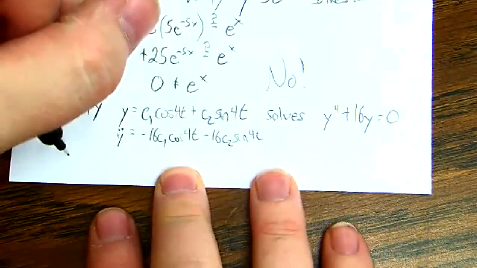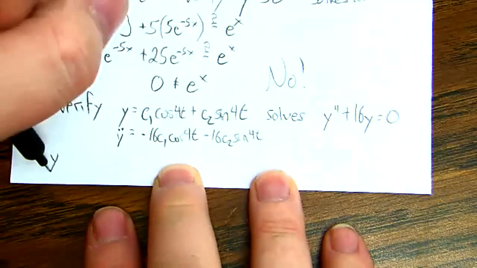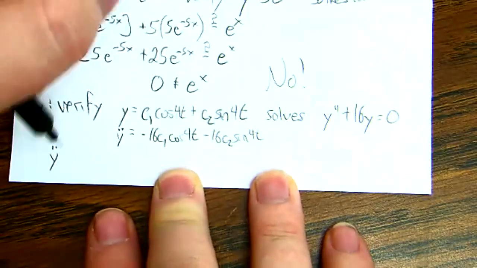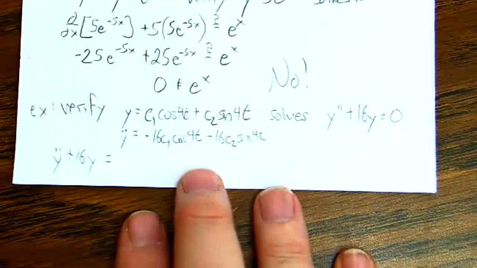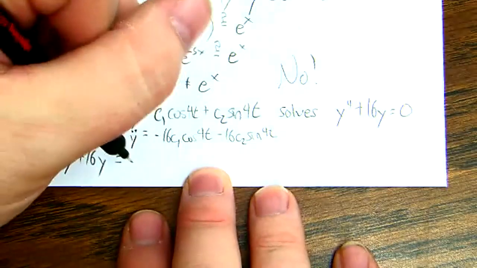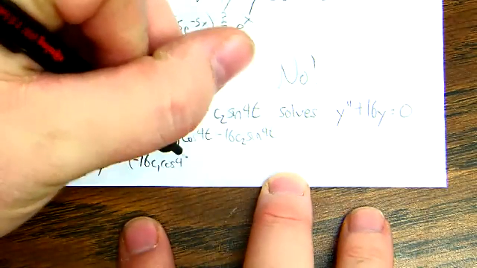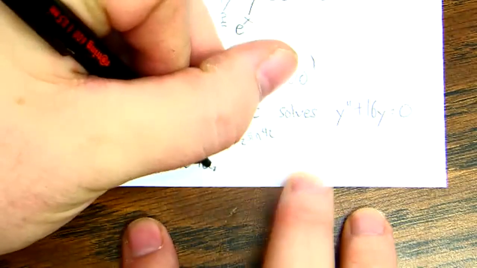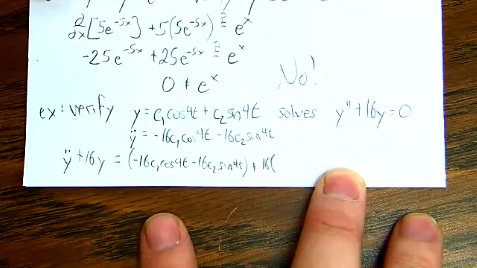And what I want to check to see is if y double prime plus 16y is equal to 0. Y double prime plus 16y is negative 16 c1 cosine of 4t minus 16 c2 sine of 4t. And then I'm adding to that 16 y's.